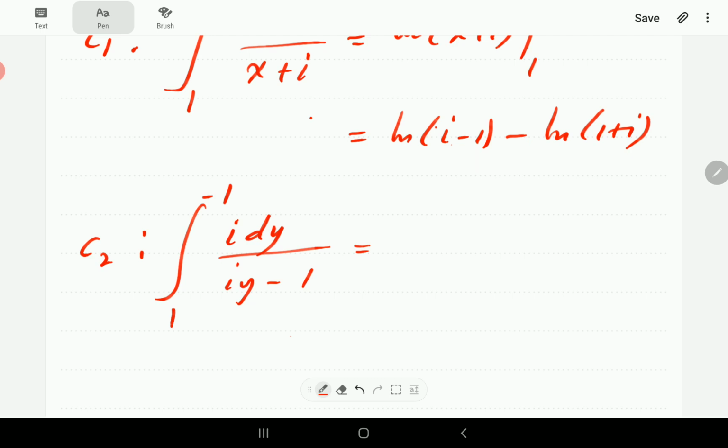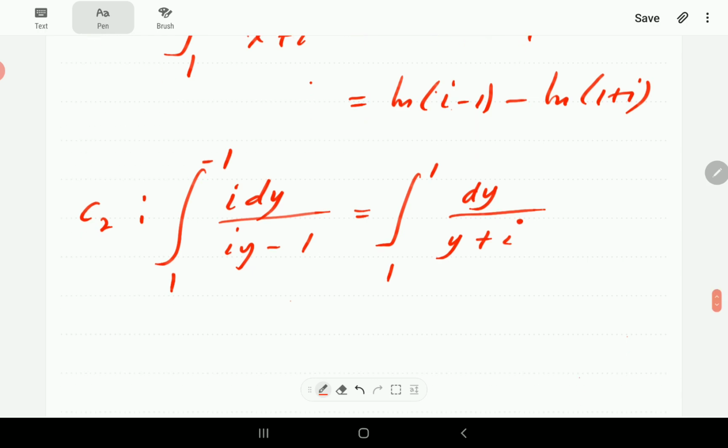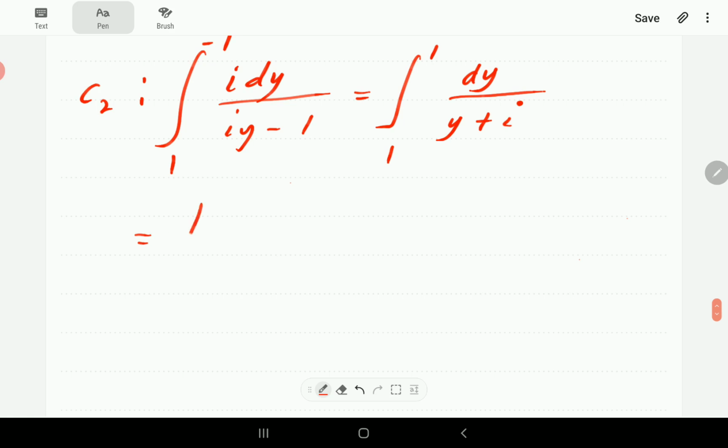If we just divide everything by i here, then the numerator is just going to be dy, plus i, because 1 over i is negative i. So then again, this is ln of y plus i from 1 to negative 1.